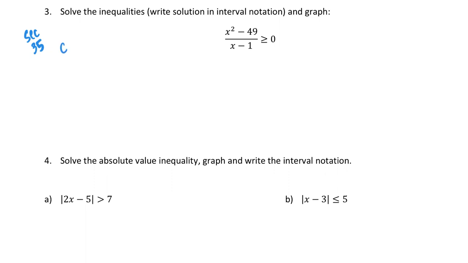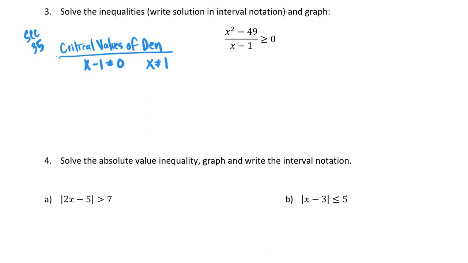So I'm going to find the critical values or the boundary points of the denominator. So the critical value of our denominator is when is x minus 1, actually when is it not equal to 0, because it can't be 0. So we have x when x is not equal to 1.